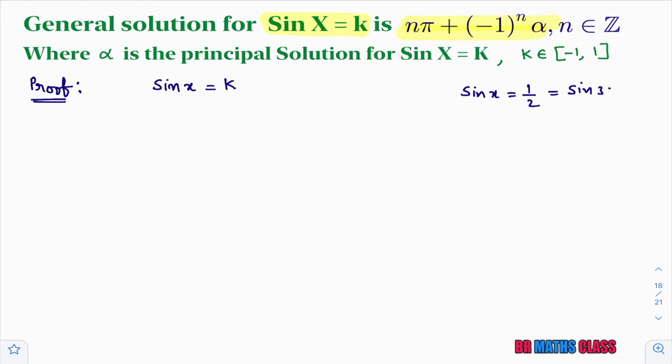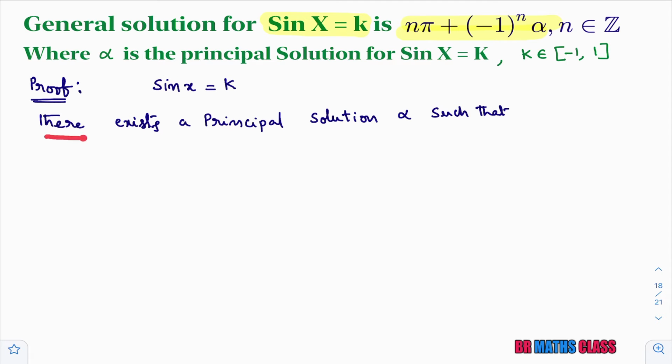Please try to understand. This is the given trigonometric equation. For this trigonometric equation, there exists a principal solution alpha such that this k can be written as sine alpha. Please observe carefully. Now, what is the given trigonometric equation?